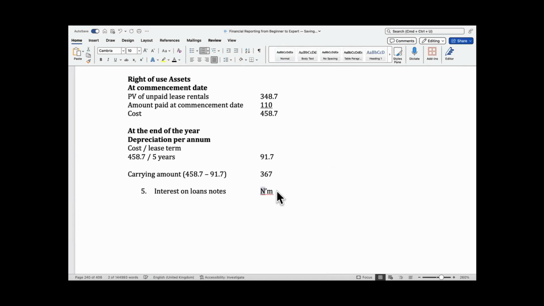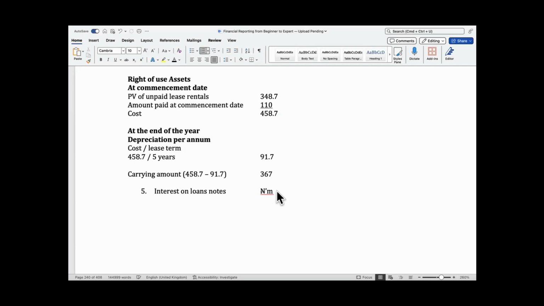If they had given me effective interest rates, then I will have applied that amortization table. You'll find another question like that in another diet where they will give you effective interest rate. In that wise, the value of the loan notes will change, because you need to get the amortized cost of that loan. Using that table I taught you, where you add the interest payable, deduct the interest paid, get a balance like that. But in this case, that will not fly. The value of the loan remain the value of the loan.